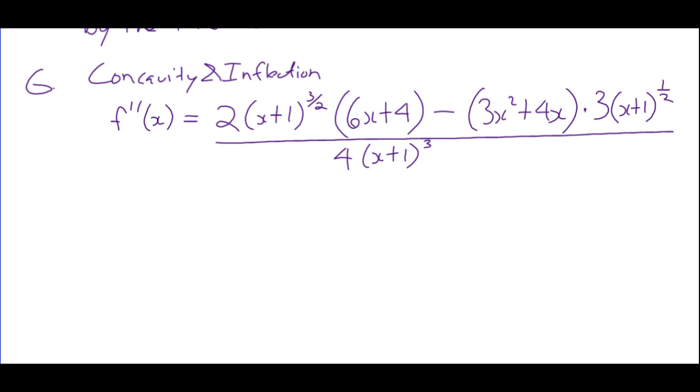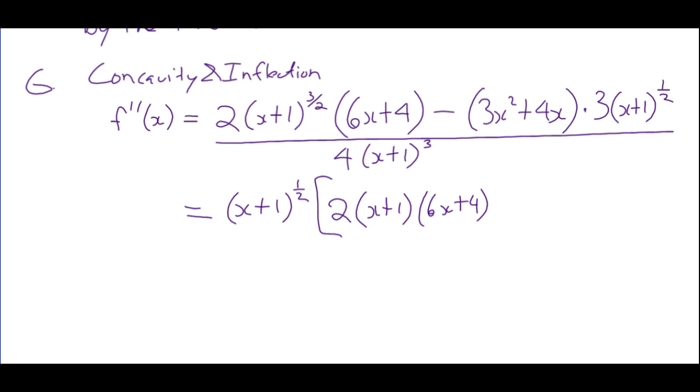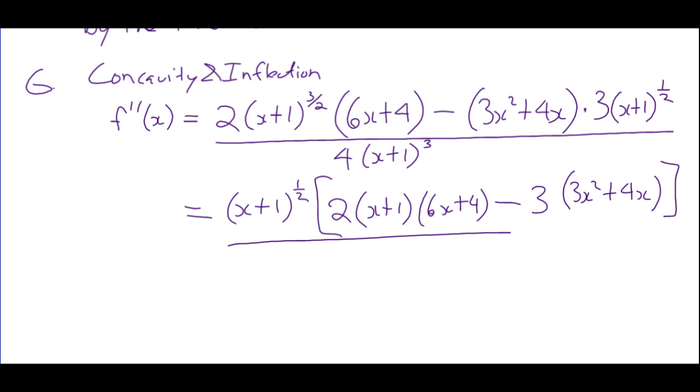Okay, so we factor out an x plus 1 to the half. And we're left with a 2 times an x plus 1 times a 6x plus 4. Okay, because that'll just be a 1 half and a 1. That'll give me my 3 halves. And the 6x plus 4. Minus a 3 times a 3x squared plus 4x. All over 4x plus 1 cubed.